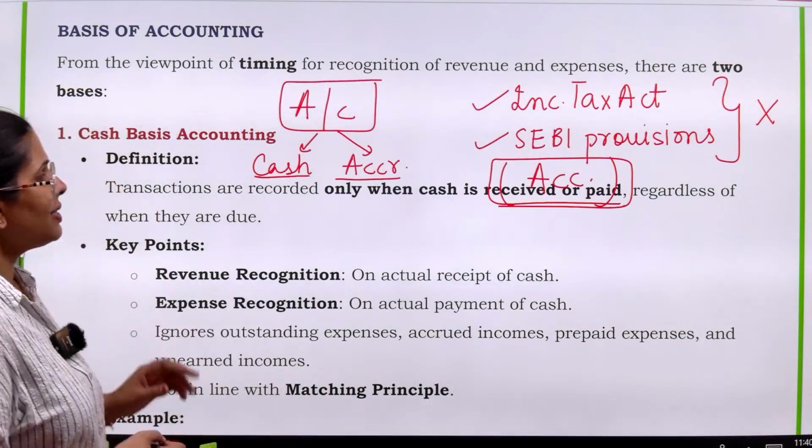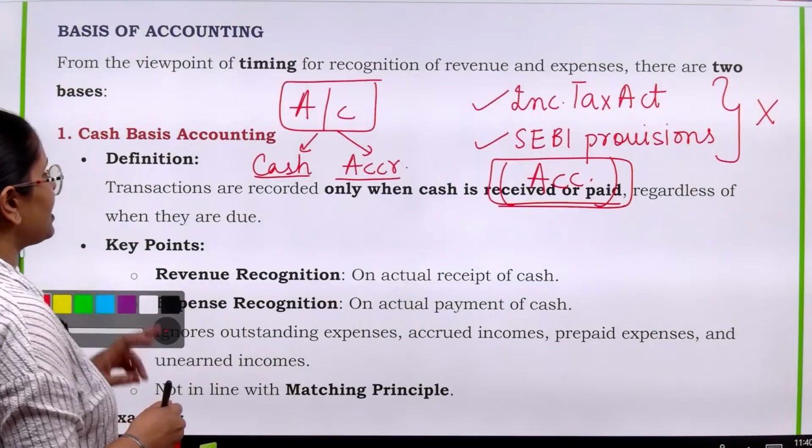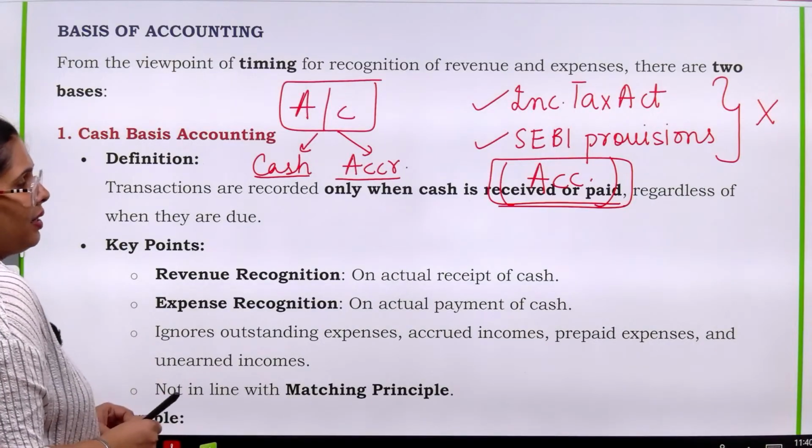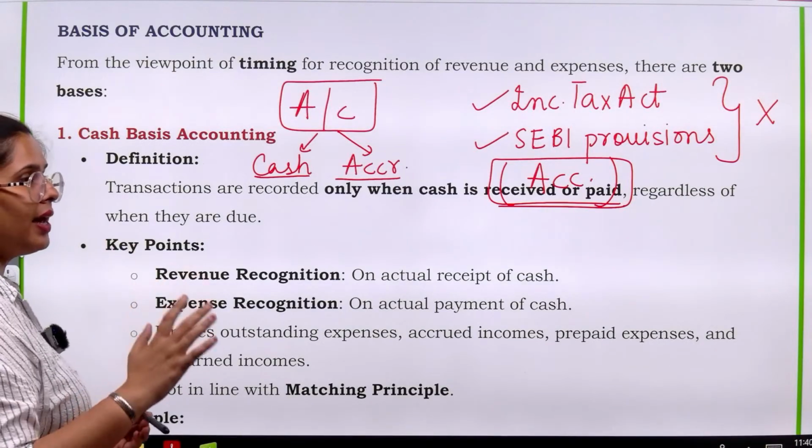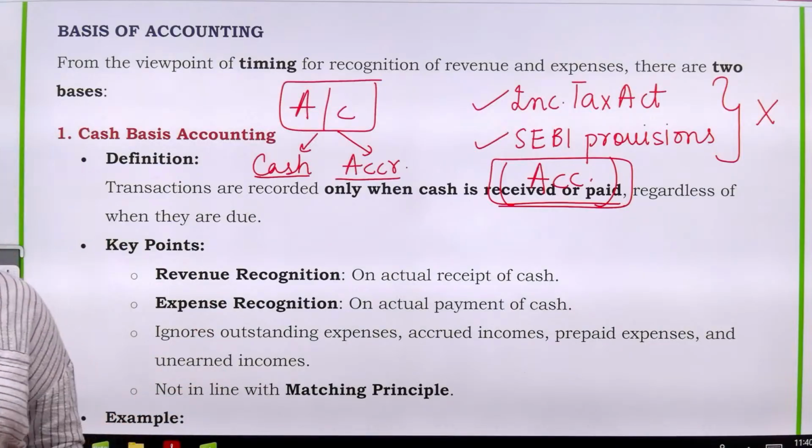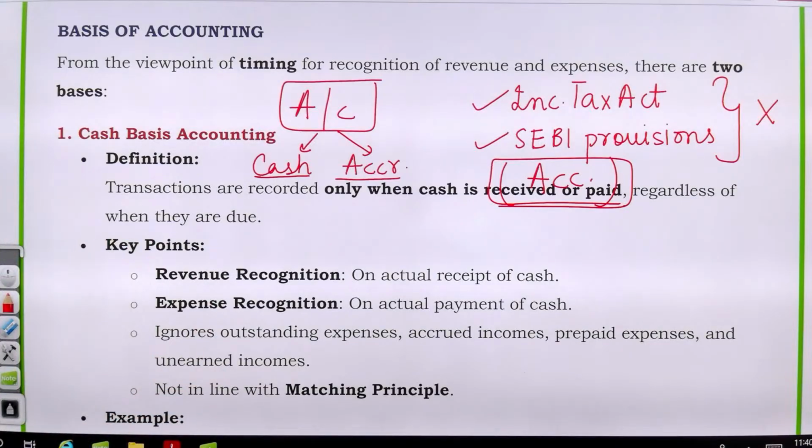Chaliye. So that's the cash basis of accounting. It doesn't matter what the expenses and incomes are, you only have to record what you have paid in cash. ठीक है, आपको सिर्फ वही रिकॉर्ड करना है जो आपने कैश में पे किया है. Getting the point?